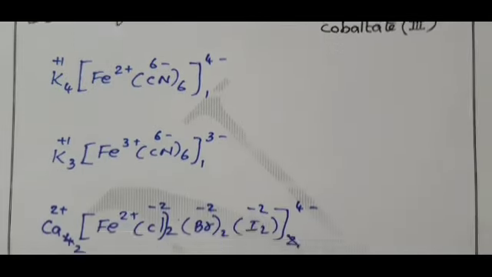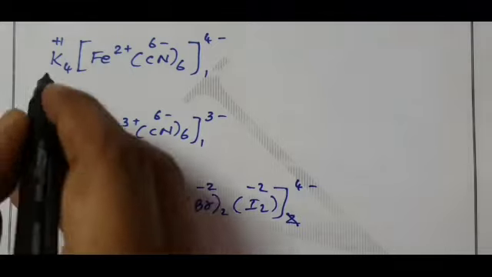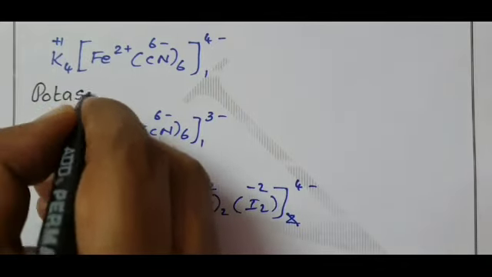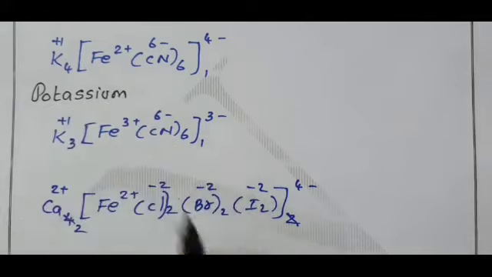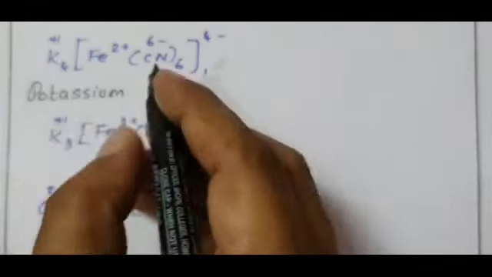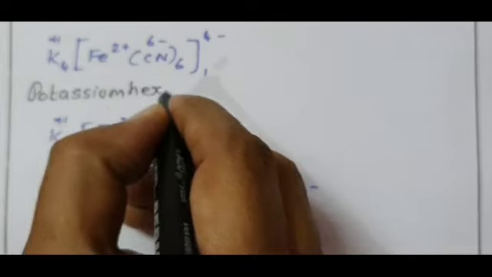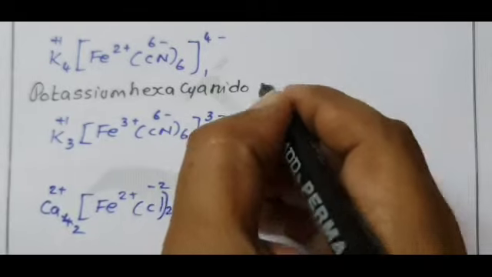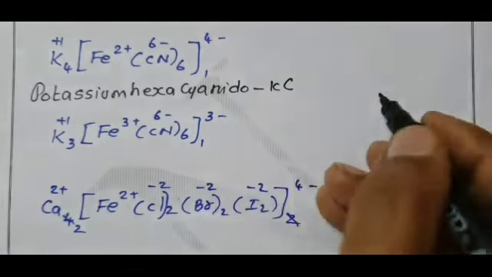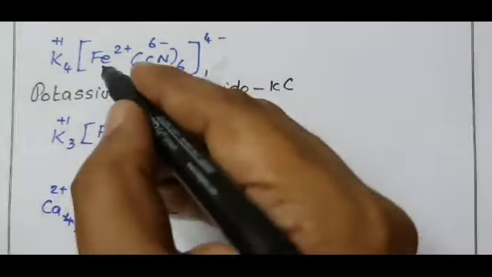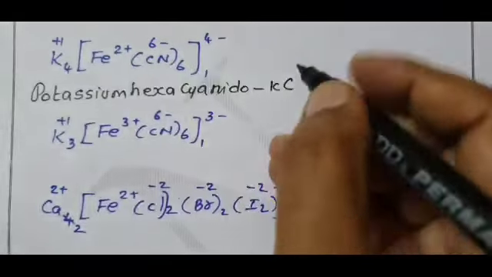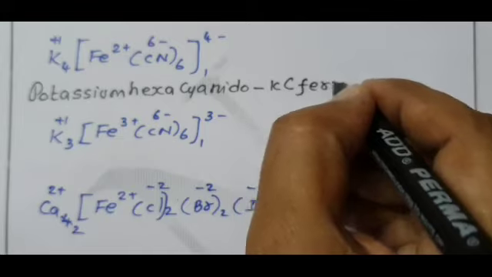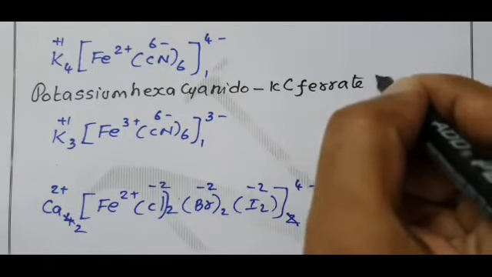Come to other complexes. We have cation, potassium. This is our counter ion. How many cyanido? Hexacyanido, ambidentate ligand, kappa C. Fe, anionic complex, actual name of Fe is ferrum. Therefore, ferrate, name ends with ate, ferrate.